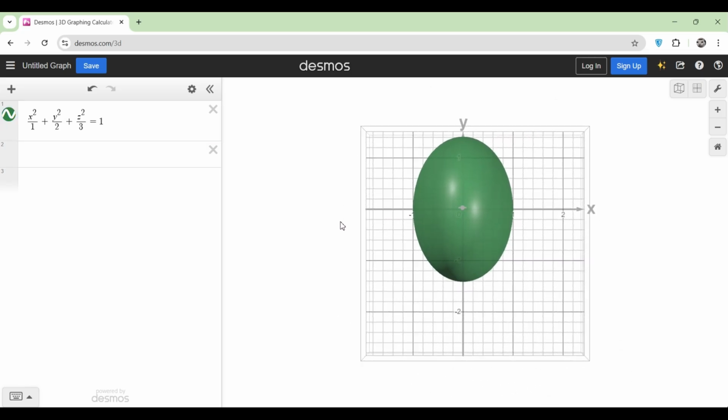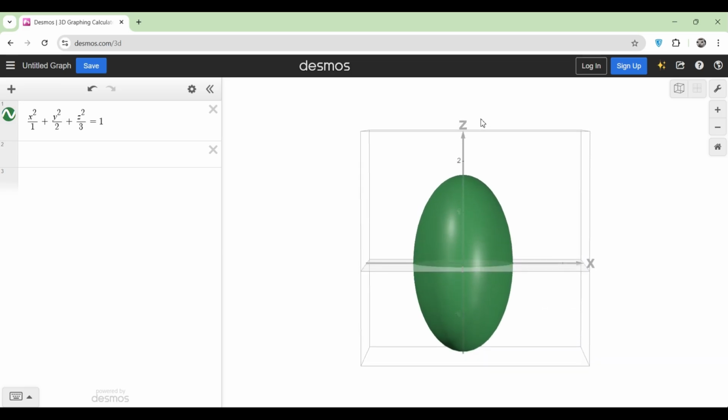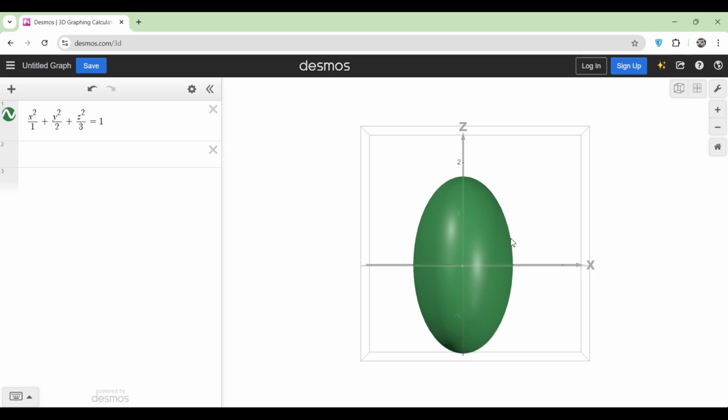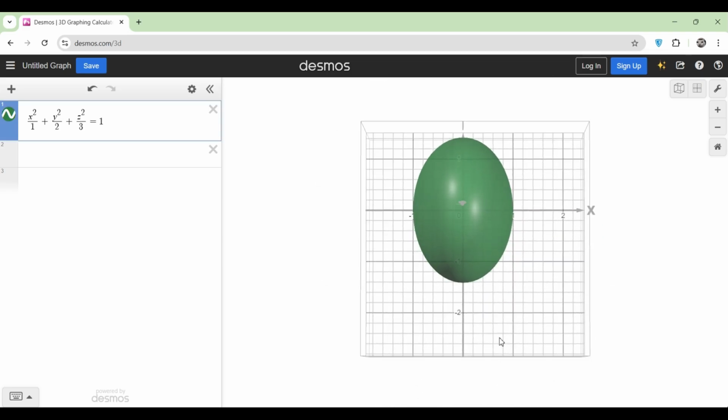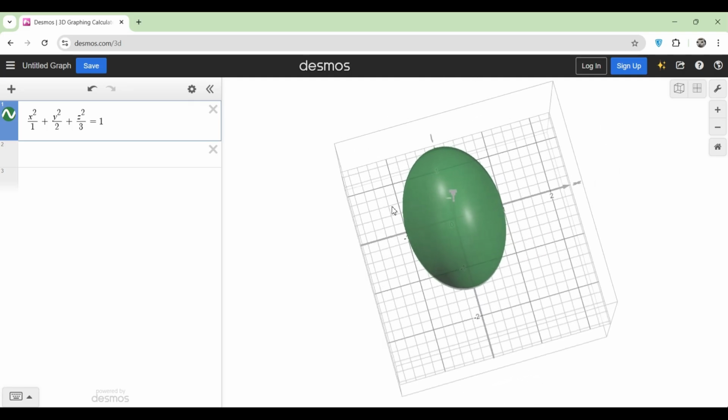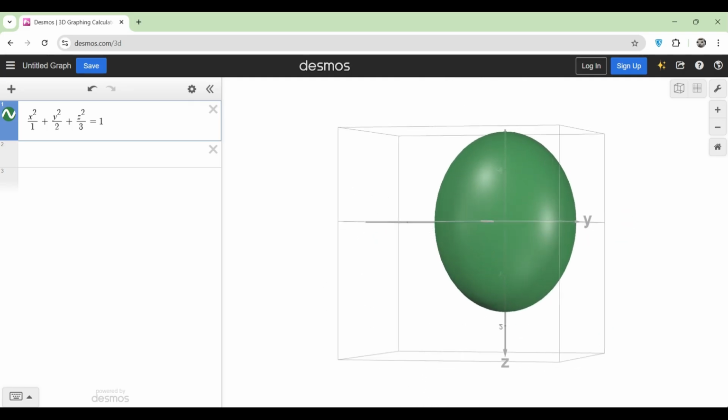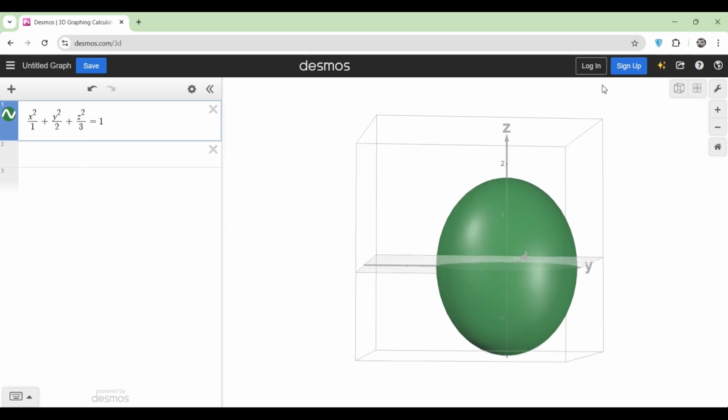So if we can see here, this is the XY trace. We don't have the Z value here, so this is going to be a 2D object. So we're going to be observing this 3D object from three different angles. This is the XZ trace, this is the XY trace I just mentioned, and if we flip this over, it's going to be the YZ trace.